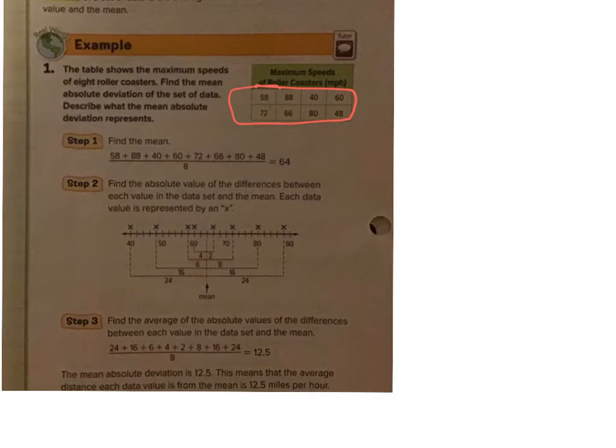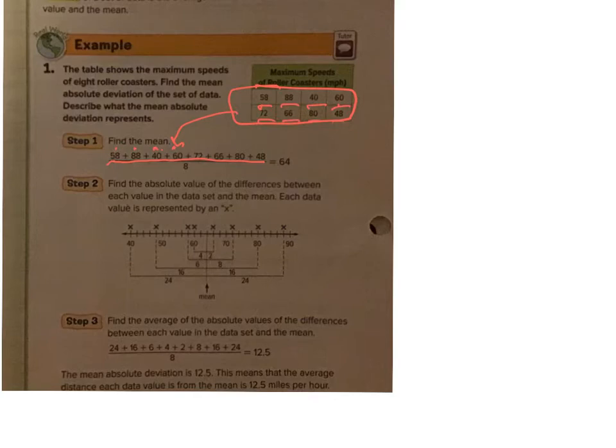And the way you find the mean is you take all the numbers and you add them all together. So they're all right here. 58 is right there. 88 is right there. 40 is right there. 60 is right there. 72, 66, 80, 48.